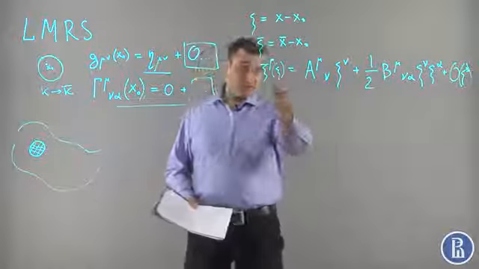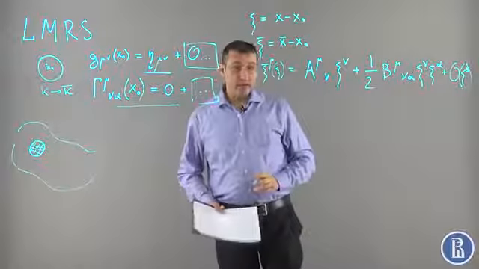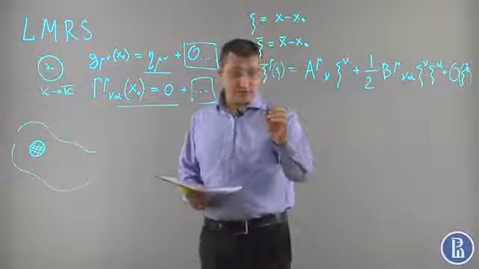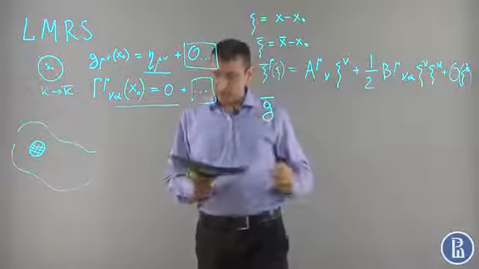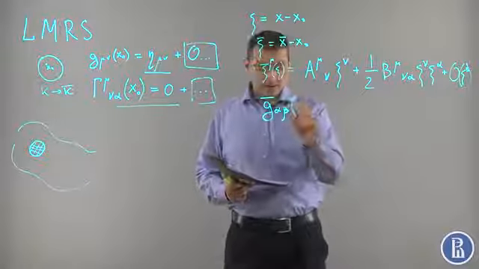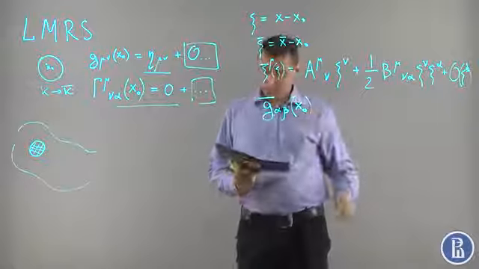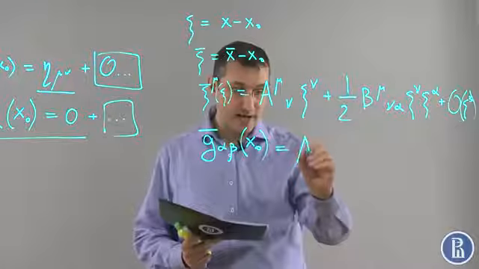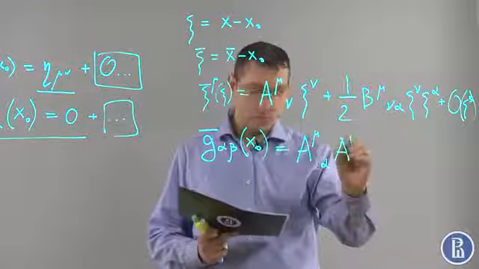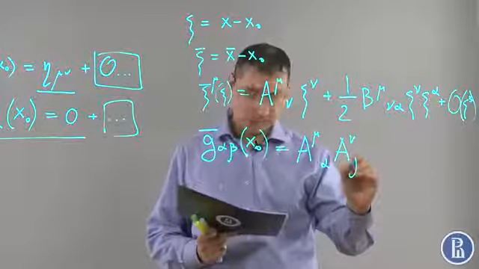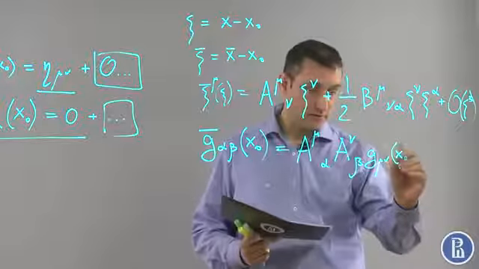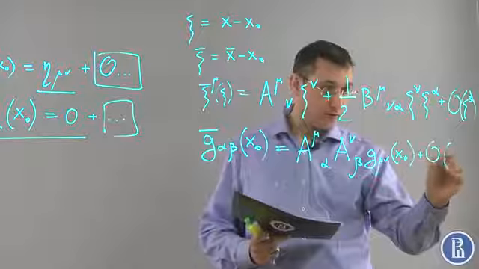So now, using the transformation rule for the metric, it is not hard to see that g bar_{αβ} as a function of x0 is transformed as follows: a^μ_α a^ν_β g_{μν}(x0) plus of order ξ.